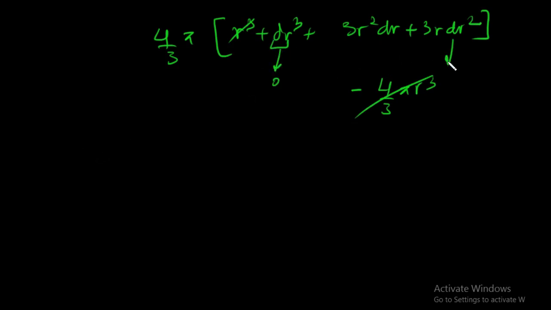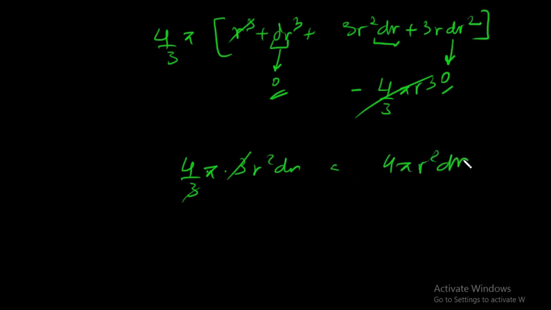Dr square is also very small. Since dr is very small, we can only write dr. Dr cube and dr square will be very, very small, so they tend to approach 0. So the only expression I got is 3r square dr, the 3 gets cancelled out, giving 4 pi r square dr. This is the differential volume of this spherical shell.